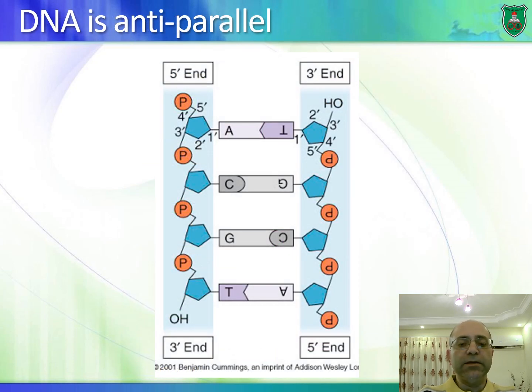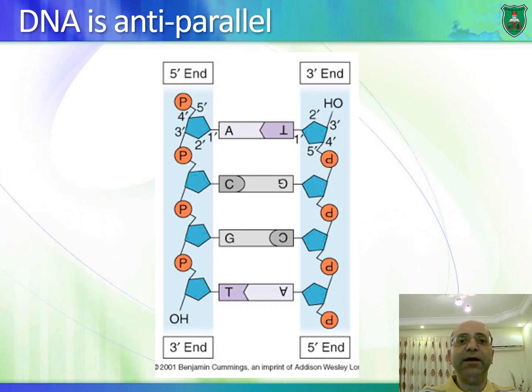Now, something else about DNA is that it is anti-parallel. What do I mean by that? Remember, it's a double-stranded molecule, and each one of these strands has a 5' end and a 3' end. But the two strands are not parallel to each other.